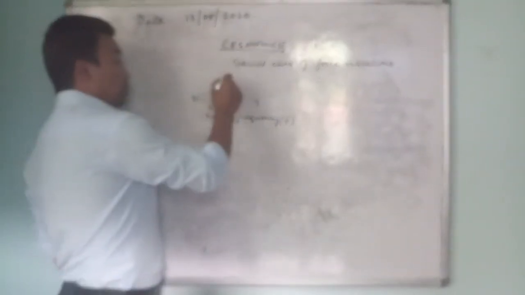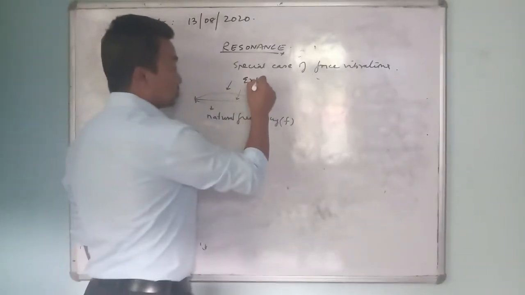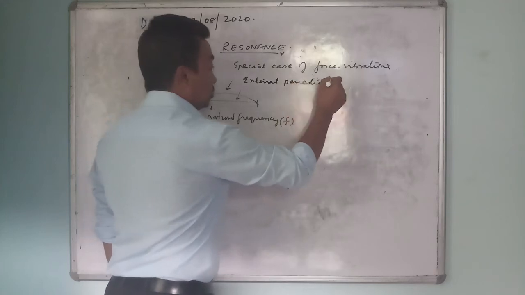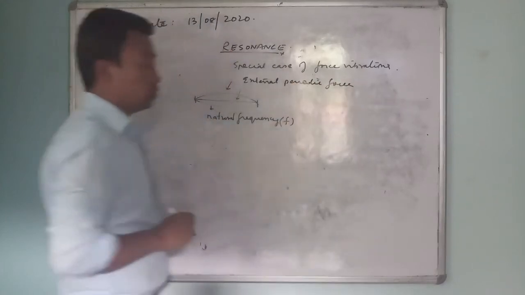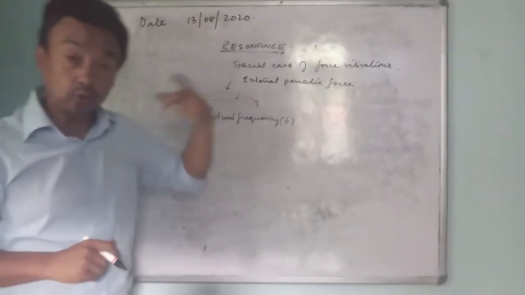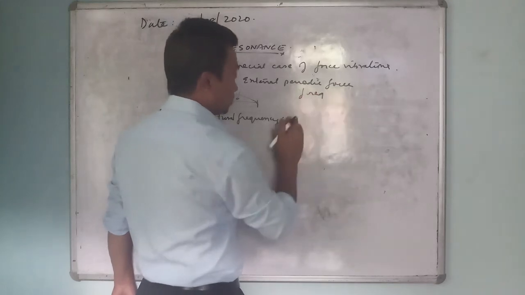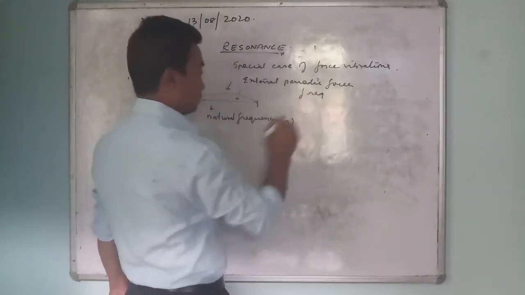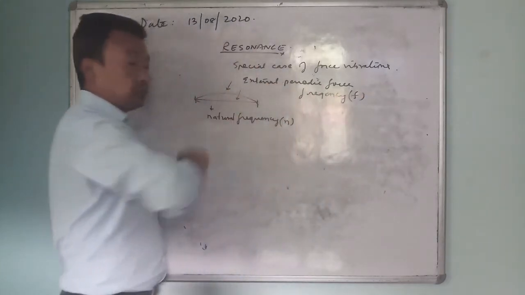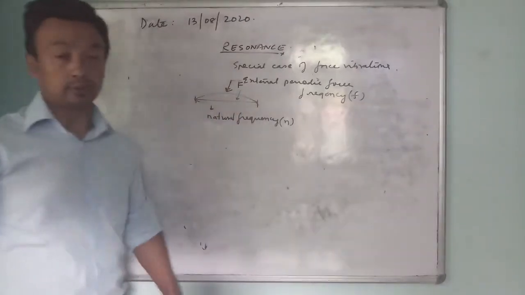But when you apply an external periodic force, and this external periodic force has its own frequency, let us say this is n, the natural frequency, and the frequency which is produced by this external periodic force which you have applied to the string.